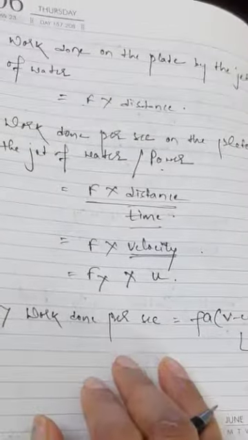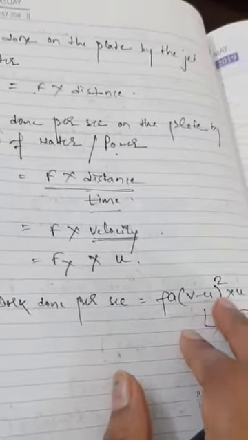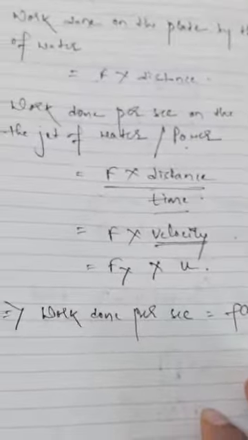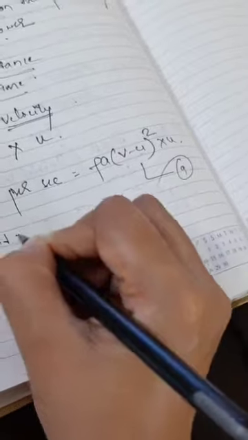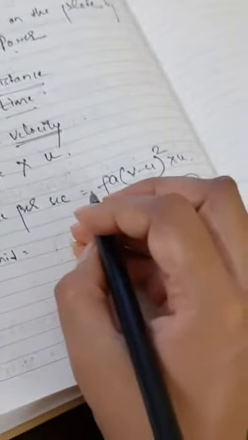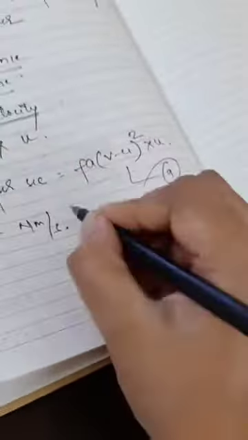The work done on the plate by water jet per second is given by rho A V minus U whole square into U. What is the SI unit of work done per second? I can take it as Newton meter per second, or else as power it can be taken as your watt. We can use any unit, Newton meter per second or else watt.